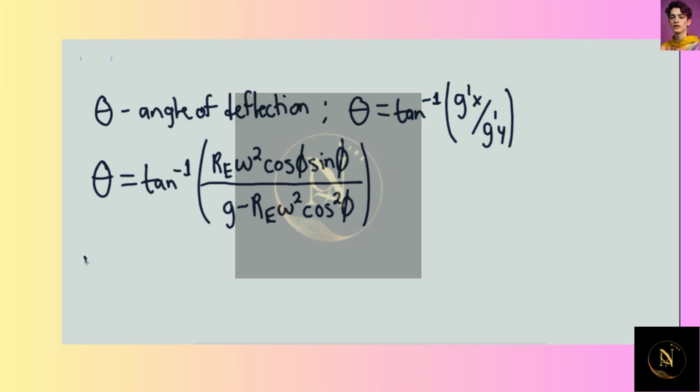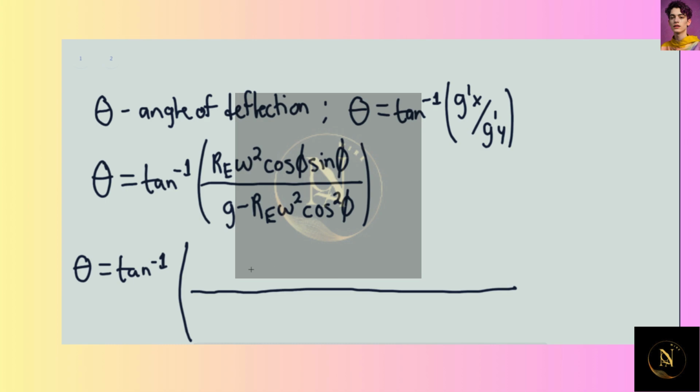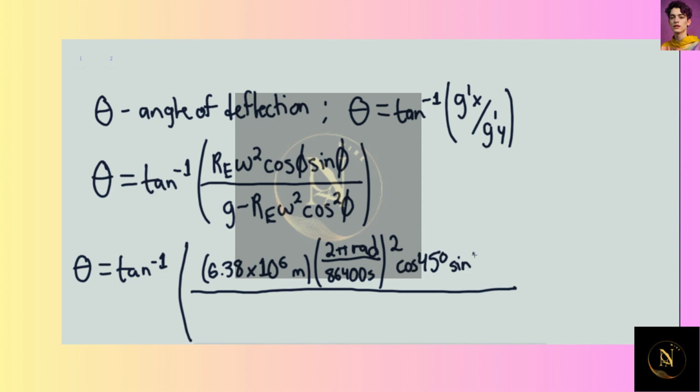Theta equals arctan of, it's going to be quite large, the radius of the Earth, 6.38 times 10 to the 6th meters, multiplied by 2 pi radians divided by 1 day, or 86,400 seconds, quantity squared, multiplied by cosine of 45 degrees, sine of 45 degrees.